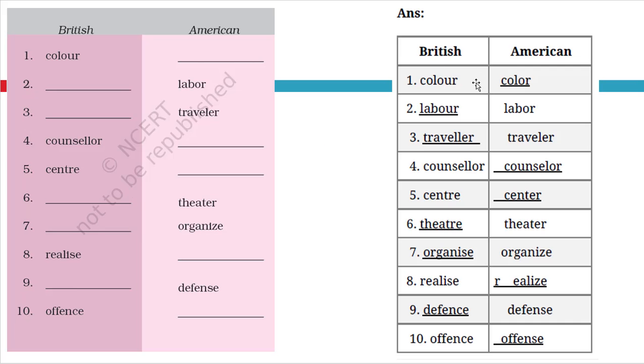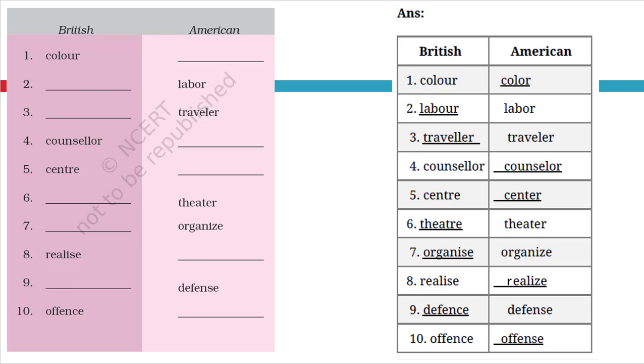You see, colour, color, labour, labor, traveller, traveler, counsellor, counselor, centre, center, theatre, theater, organise, organize, realise, realize, defence, defense, offence, offense.